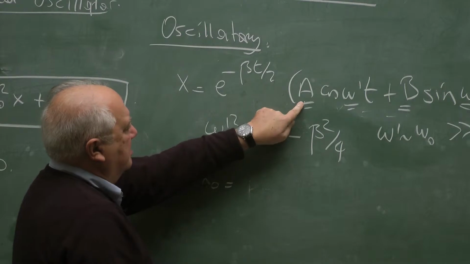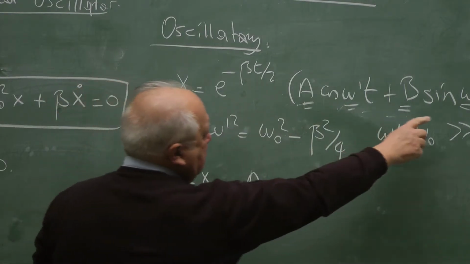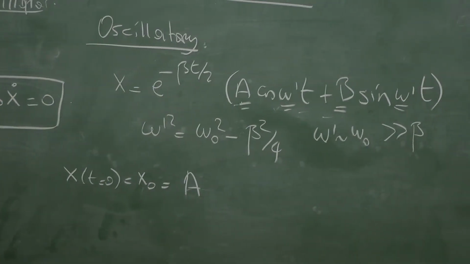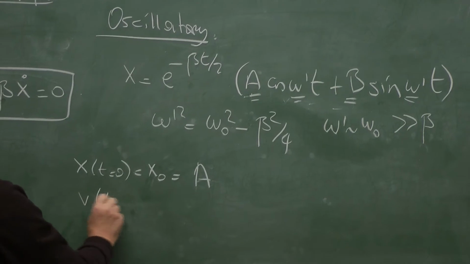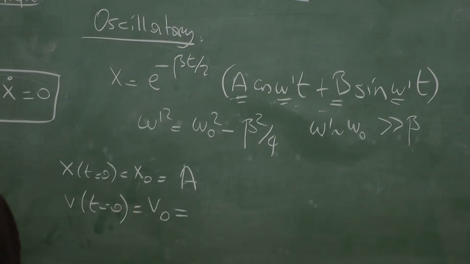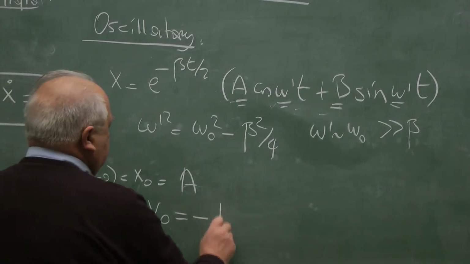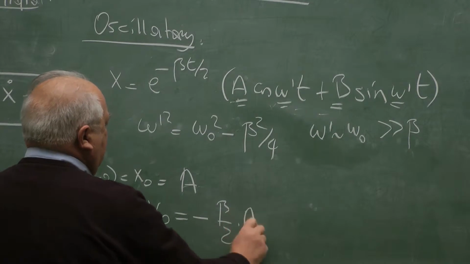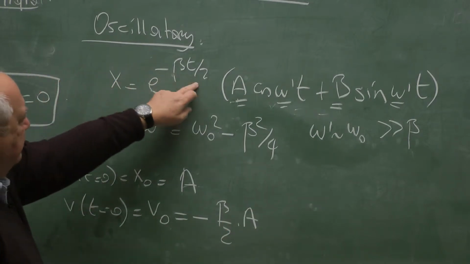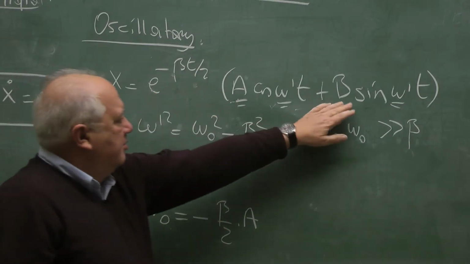This is A. Cosine is 1, A, and the sine term is 0. The next term is v at time t equals 0, which we call v0. It is minus beta over 2 times A. I take the derivative, beta over 2. Then I put time equals 0. So the sine term goes away.